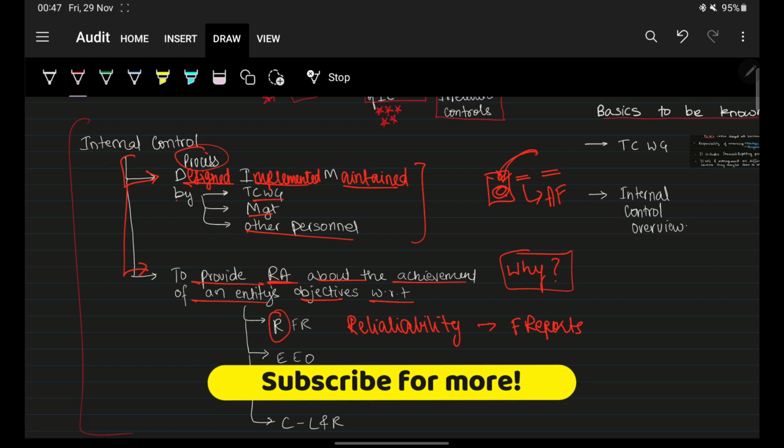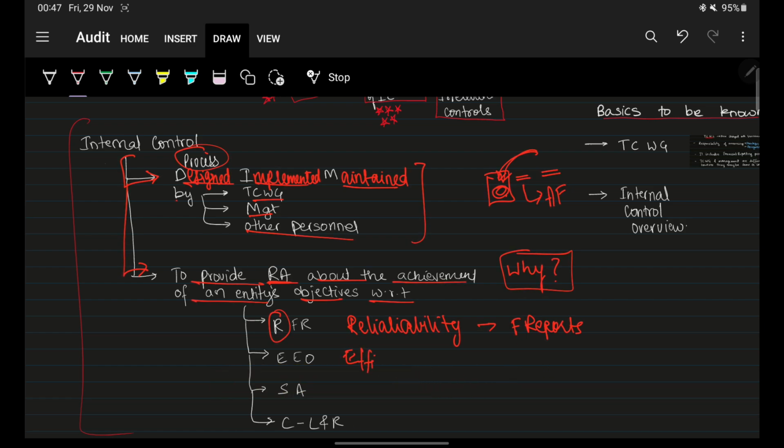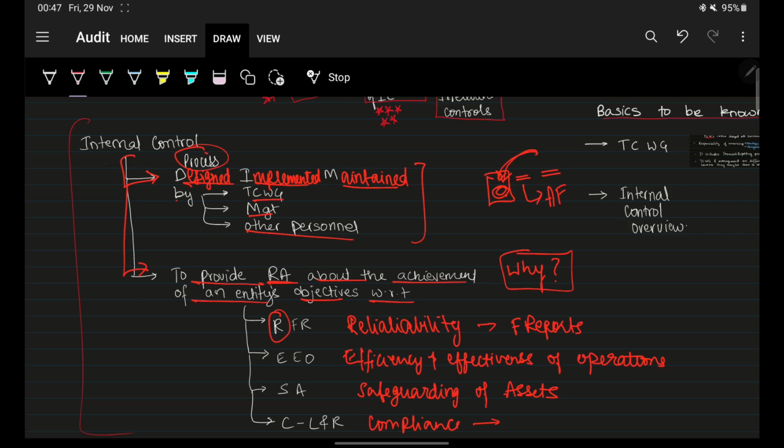Next, the efficiency and effectiveness of operations and safeguarding of assets. And lastly, compliance with law and regulation.